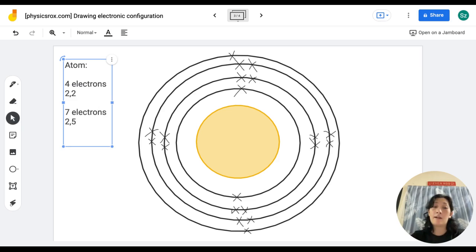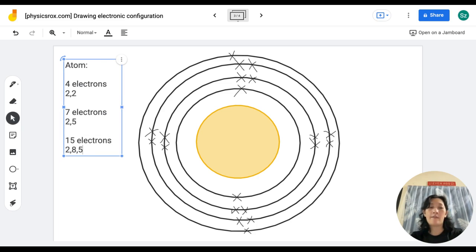Let's say there are 15 electrons. Then you would write the arrangement as 3 shells, because it would be 2, 8, 5. If there were 20 electrons, then it would be 2, 8, 8, 2.